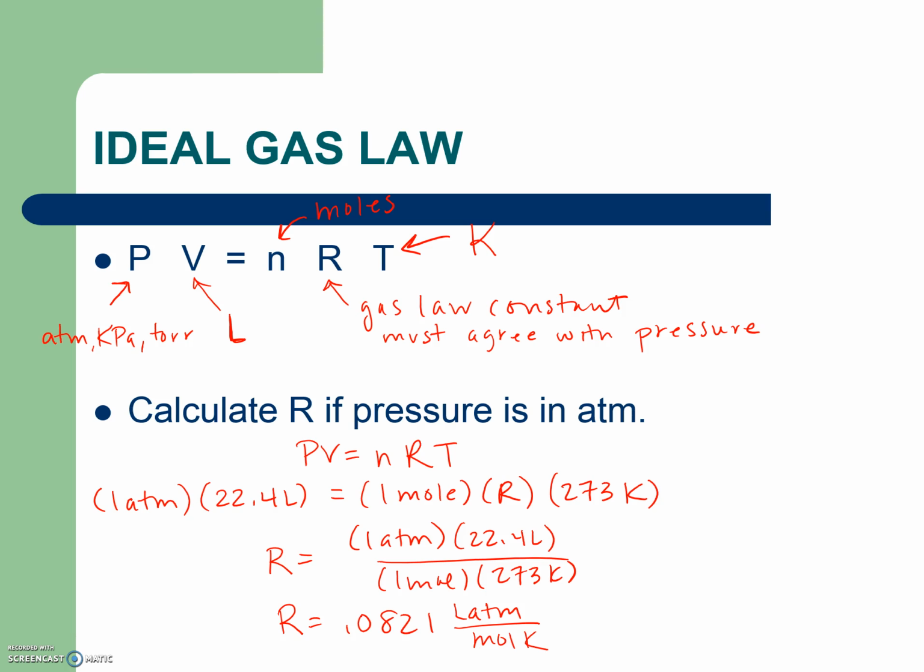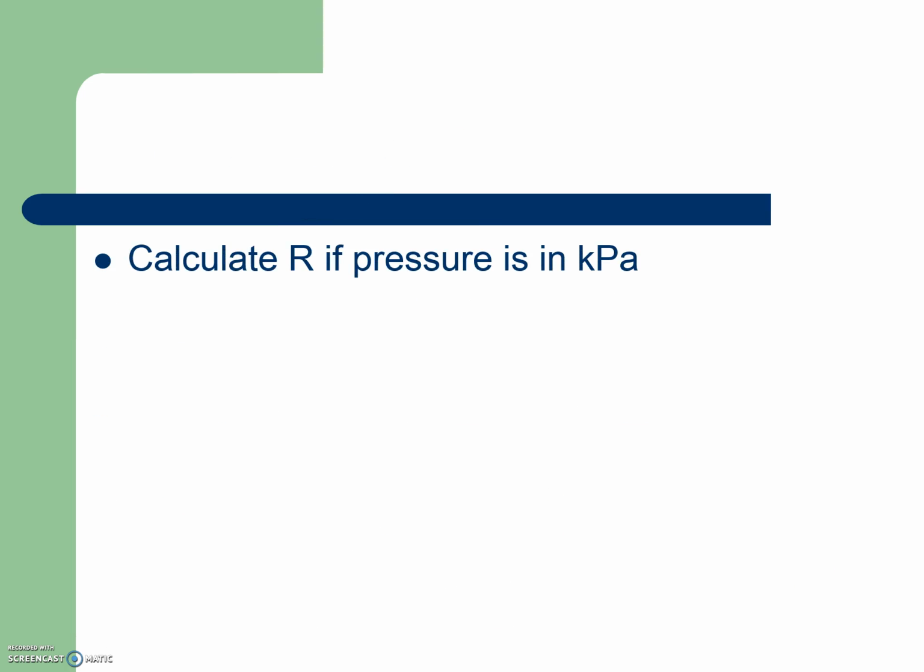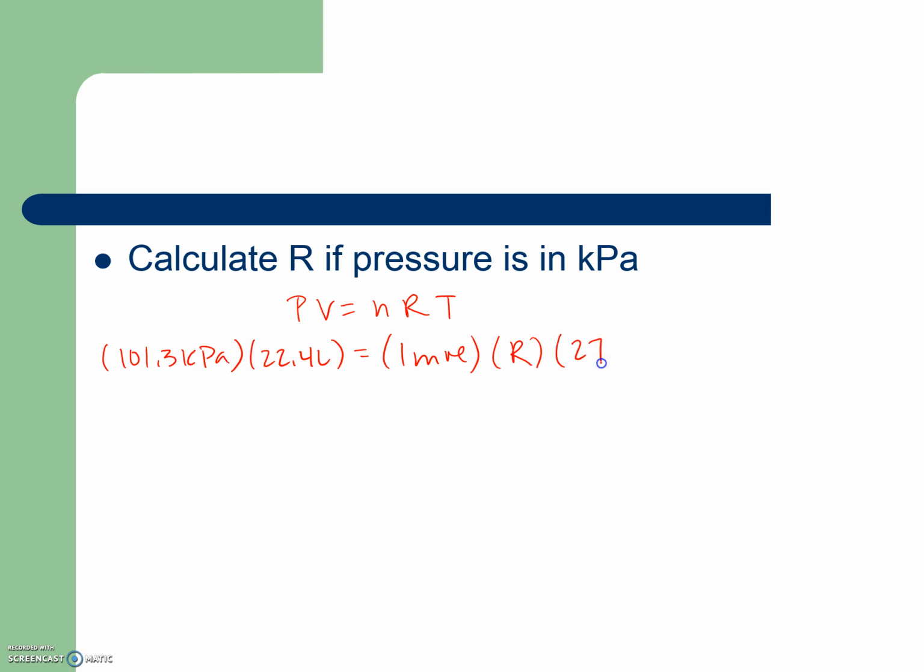If we have a different pressure, we have a different constant. So if we're using kilopascals, we also need to calculate PV equals nRT. And so my pressure in that case is not 1, now it's 101.3 kilopascals. Volume is still 22.4 liters. N is still 1 mole. R is what we're looking for, and my temperature is 273 Kelvin.